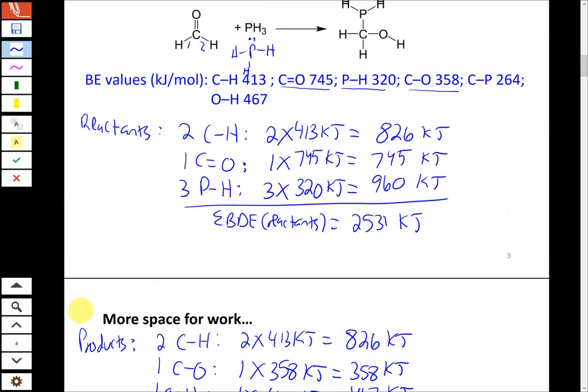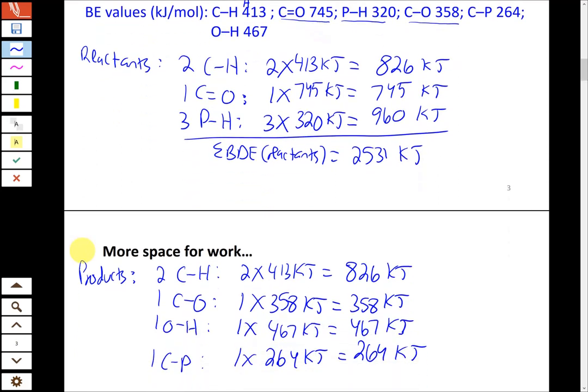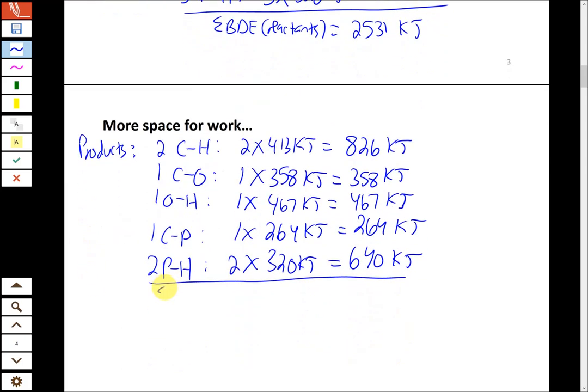And then we have now 2 phosphorus hydrogen bonds. We had 3 in the reactant side, we still have 2 left on the product, so we're going to account for those as well. PH, there's 2 of them, that value is 320. So from the PH bonds, we get a total of 640. All right, so all those numbers added together gives us the sum on the product side, which comes out to 2555.